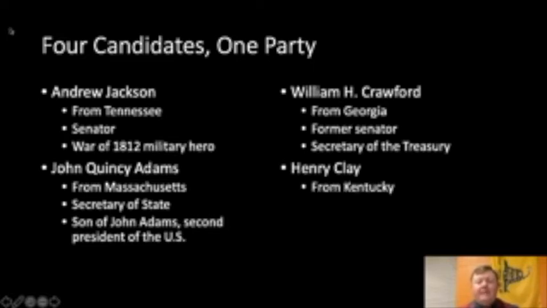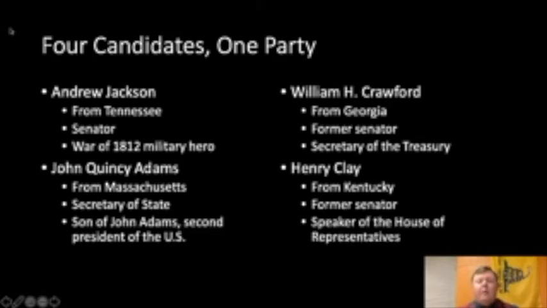He was from Kentucky. He was also a former senator. So we have three former senators here. And now Henry Clay had moved into the House of Representatives and had taken over the role of Speaker of the House. So these are our four candidates, all from the Democratic Republican Party, running for president in 1824.